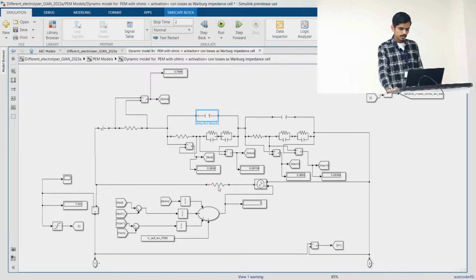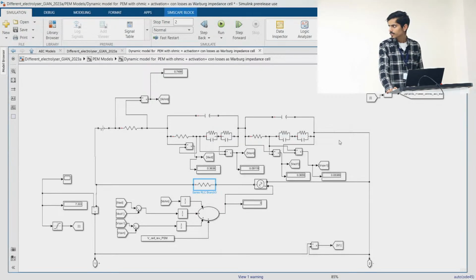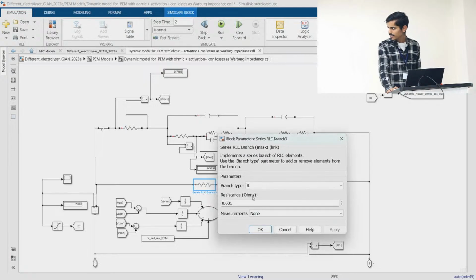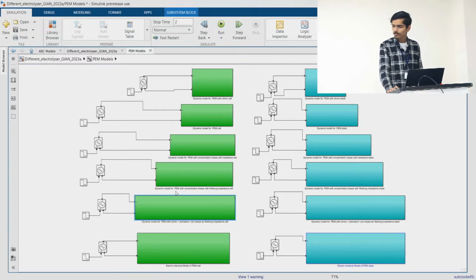This resistance just represents the internal impedance of the voltage source, because no source is ideal, it has some drop across it. That's why we consider a very small value for it. So this one is the final dynamic model for the cell.